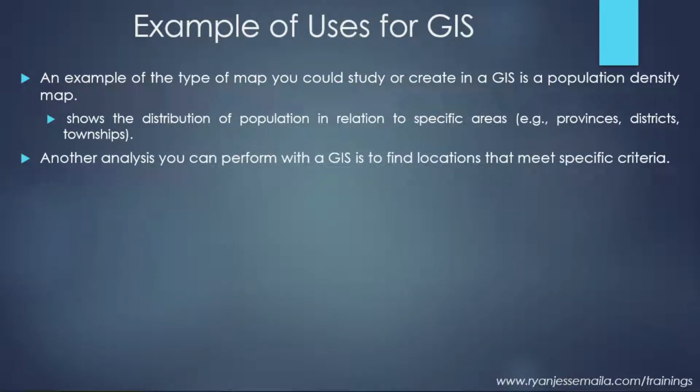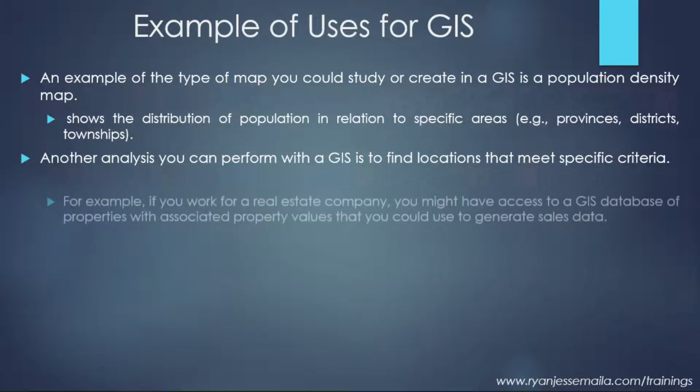Another analysis you can perform with a GIS is to find locations that meet specific criteria, you could add that to the previous example which I've given you for population distribution. Maybe you can say, I want to understand which province has got the highest number of females that are aged between 24 and 30. Quite a number of different criteria which you could make, and GIS will be able to give you those facts for you.